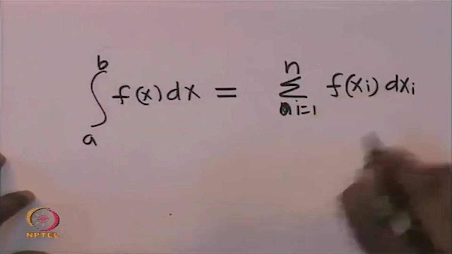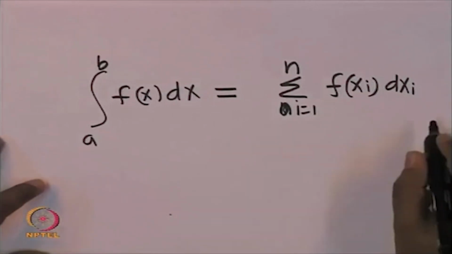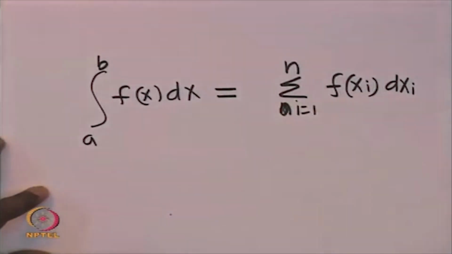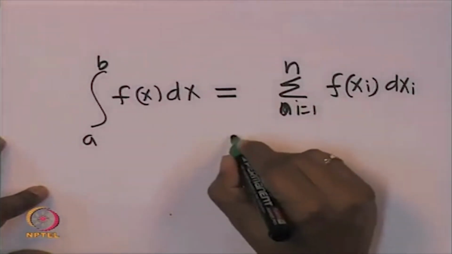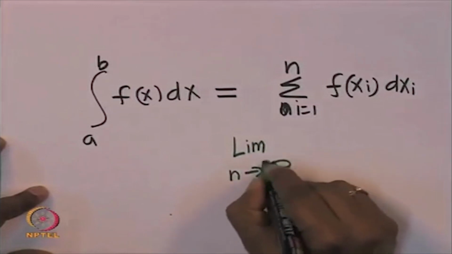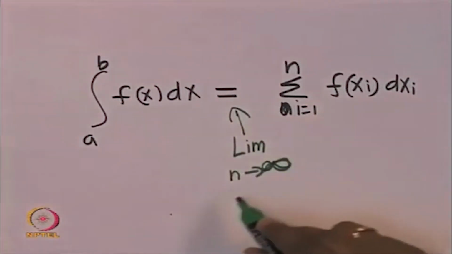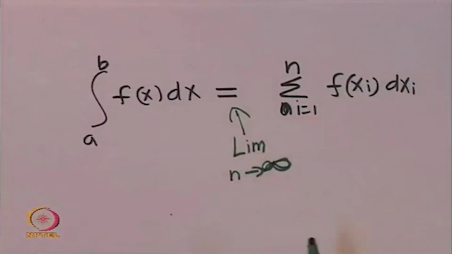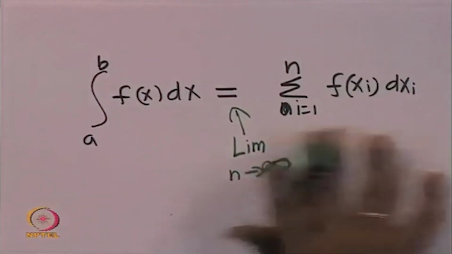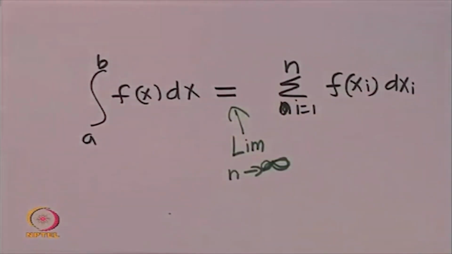Anyway, let me write this dx_i. If you do this in the limit n going to infinity, this will be equal. When n is very large, this sum will be equal to this integral. Now, we will see some example.